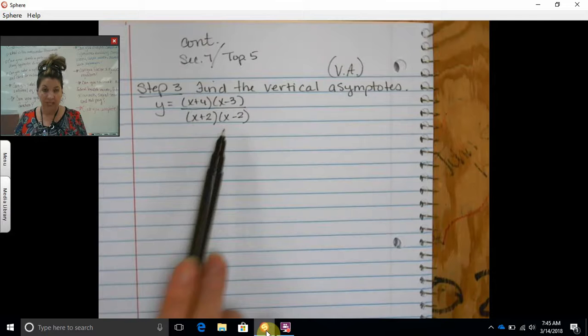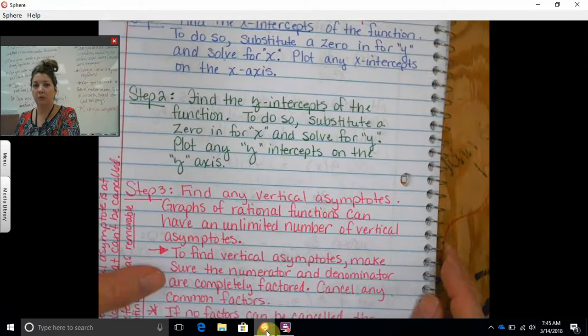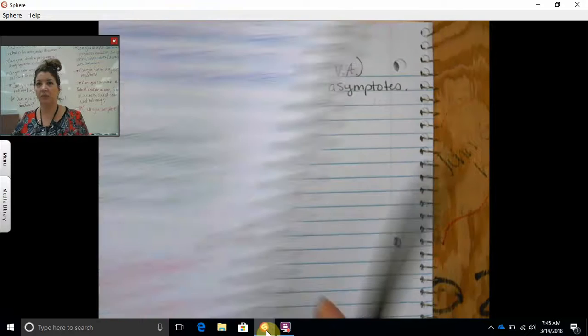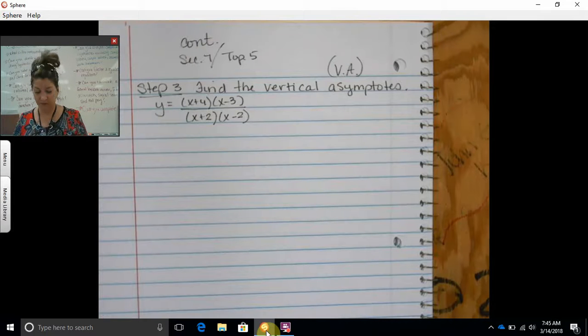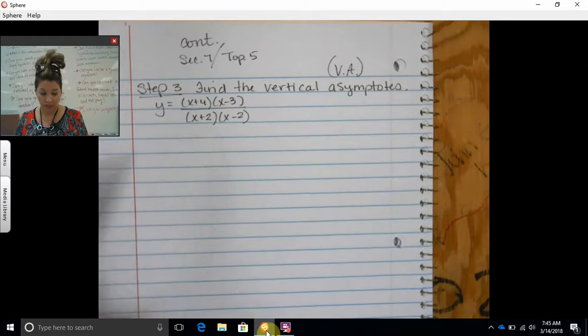Everything's factored. Cancel any common factors. Do I have any factors that can be canceled? Yeah. I'm just letting them know that I would show it up here, but I still have people copying. Cancel any common factors. We don't have any factors that can be canceled, okay?